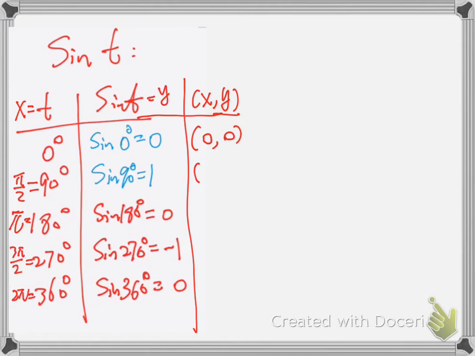Then we have pi over 2, comma 1. The next point is pi, 0. The next point is 3 pi over 2, negative 1. And the last point is 2 pi, 0. Plot these 5 points and we can draw the graph of sine t.